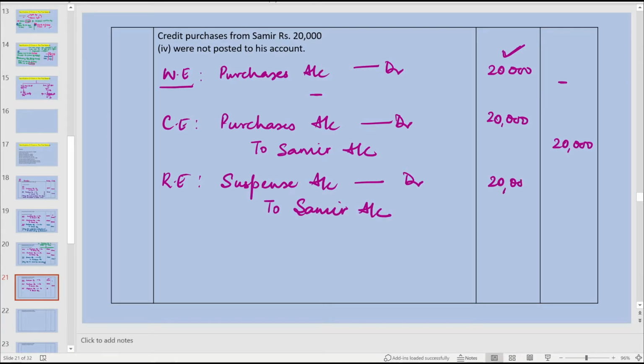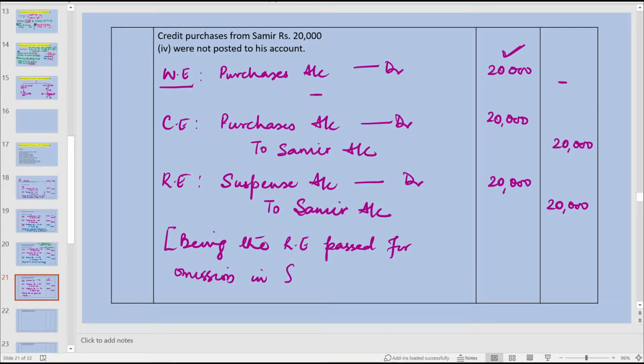So here this is your rectification entry, and the narration you can pass is being the rectification entry passed for omission in Samir's account. Alright, so this can be taken. Always remember, if only one of the accounts is getting affected, we take care of it using the suspense account. The suspense account helps us in making these kinds of rectification.